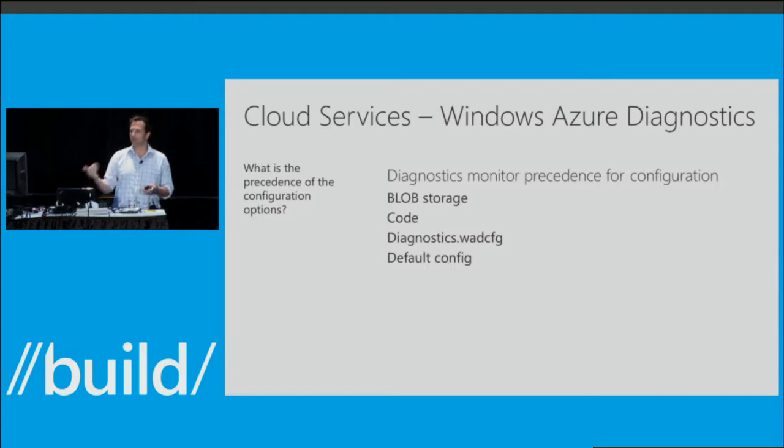Then it goes on and looks in the diagnostics var.config. If it doesn't find any configuration at all, it applies the default configuration. And just to be clear, as soon as the Azure Diagnostics agent has a valid connection string, it always logs to disk. So all you define in your code or in your VAT.config is really what data needs to be transferred off the VM into storage.